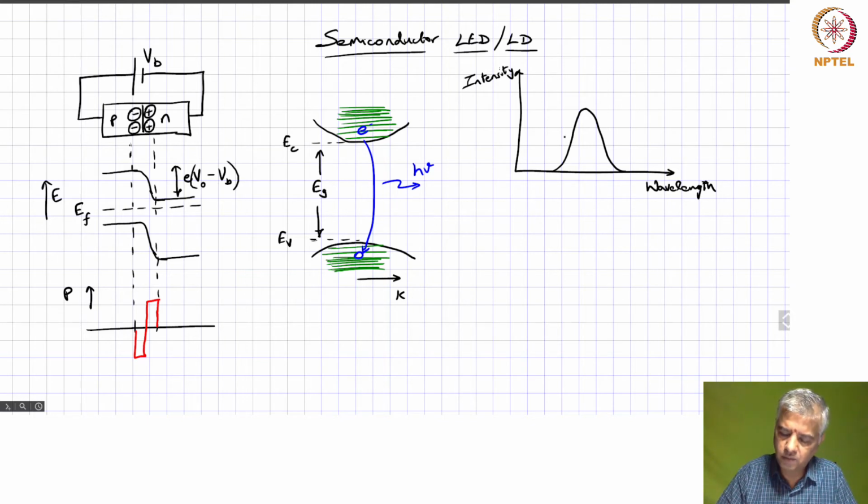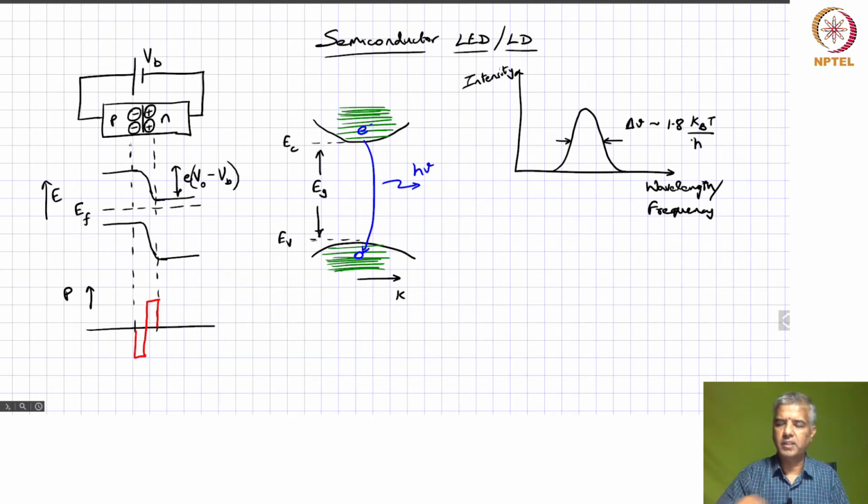So what is the width of the spectrum? The width of the spectrum is typically given by delta nu, that is the spread in frequency, right? The spread in frequency is approximately 1.8 times kBT, where kB corresponds to the Boltzmann constant, divided by h, where h is Planck's constant.